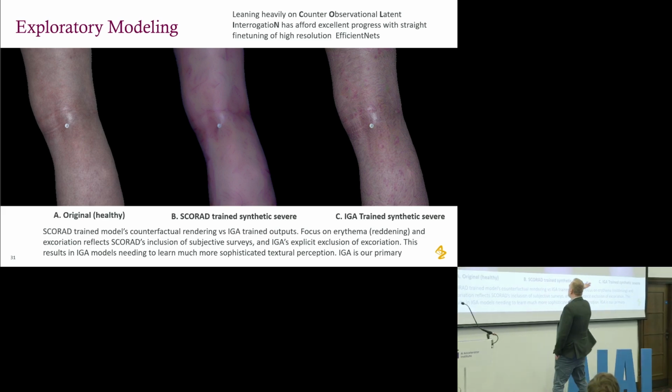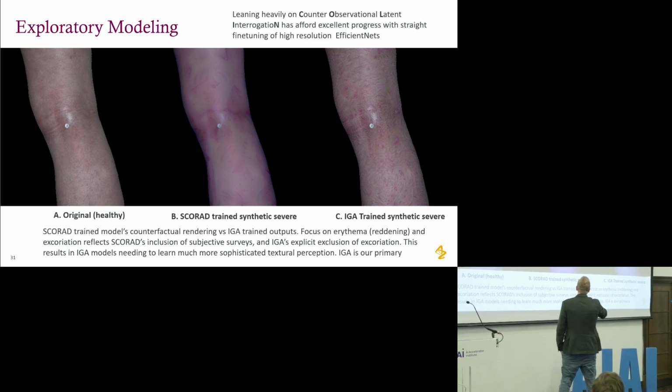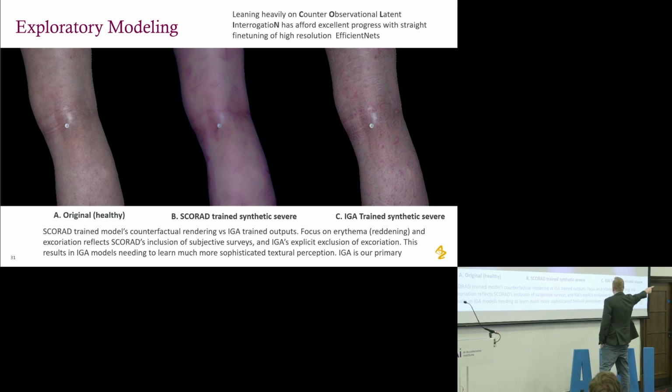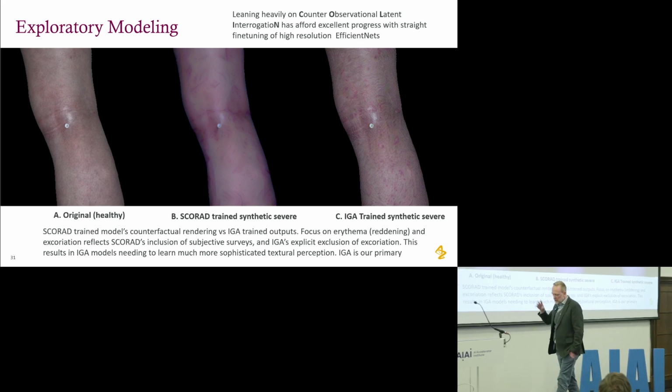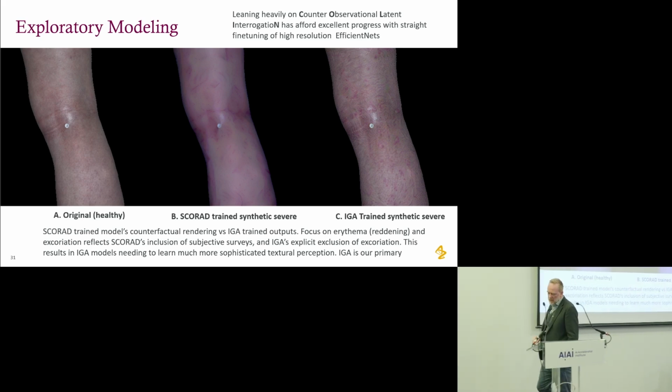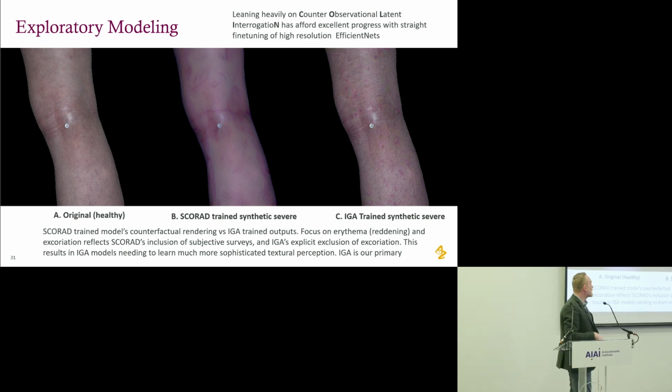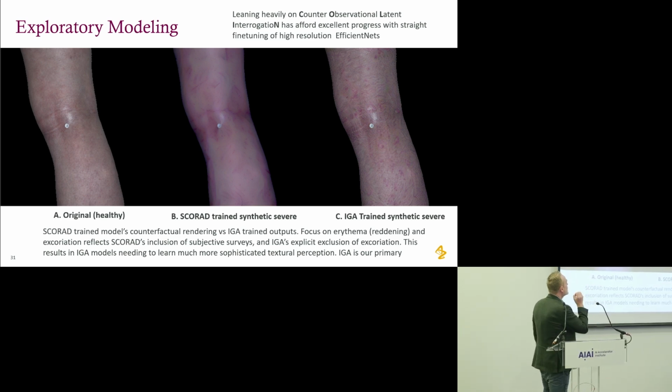The healthy example on the left gets re-rendered by two different models, one of which had labels that were made from a process that cares about scratches. The doctor is asked to label the severity of this condition, and is allowed to count scratches as a significant indicator of severity. And on the far right, they're not allowed to do that. So these are the labels that we're generating, right?